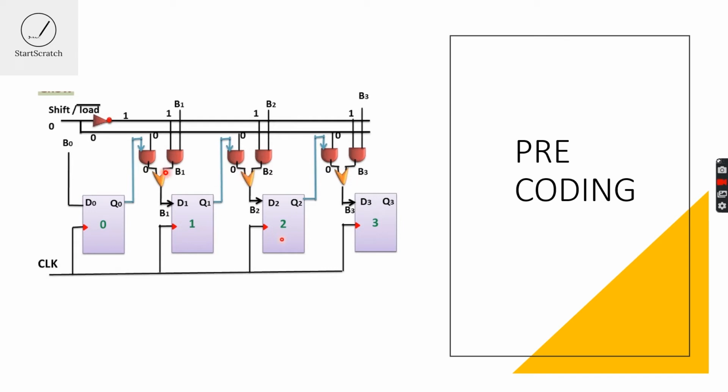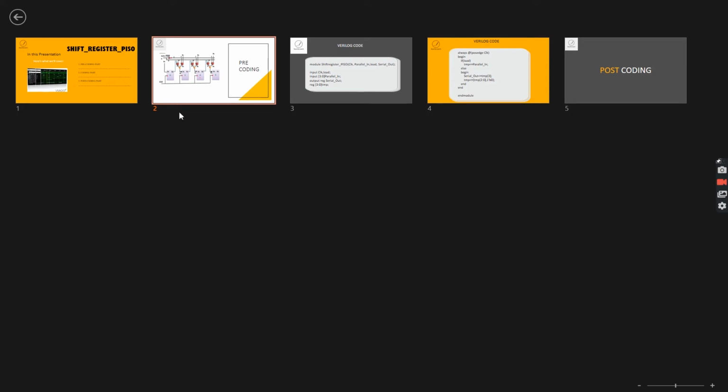Coming to the working of this PISO shift register, you should first know its functionality so that you can understand it in a better way. Let's say I will use the pen to explain it.